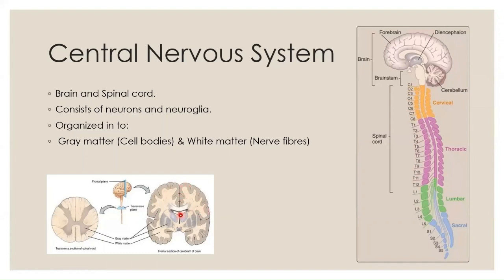And on the spinal cord, it's arranged in the middle area in an H-shaped manner. So here in these areas, you have the cell bodies. And the white matter, these areas contain nerve fibers, the axons. The axons of the cell bodies are found in these white regions.